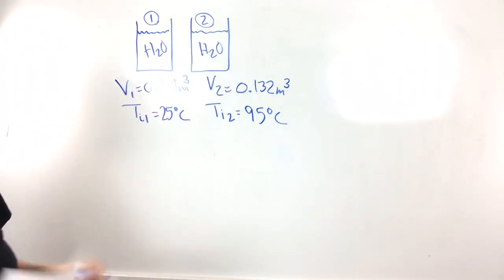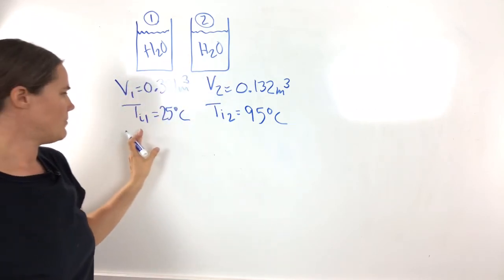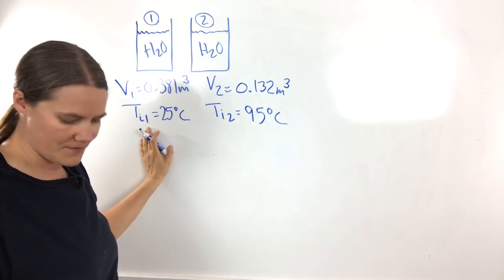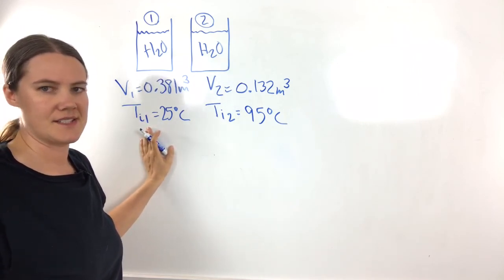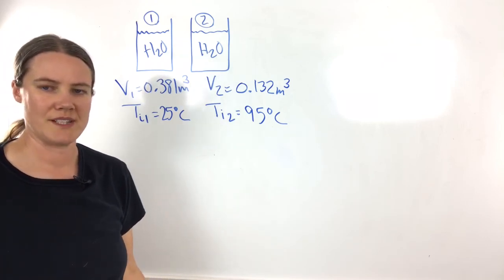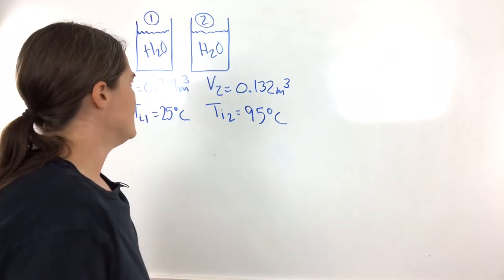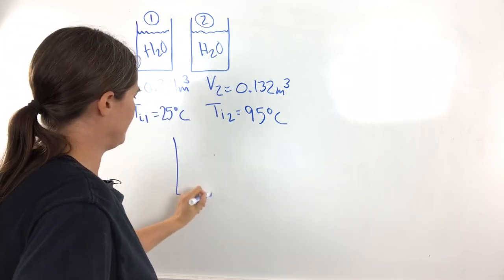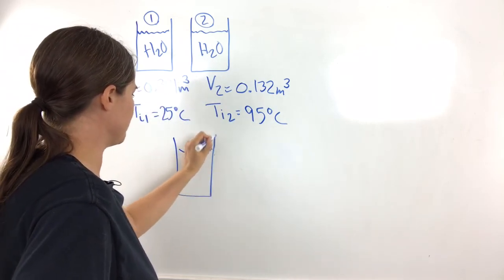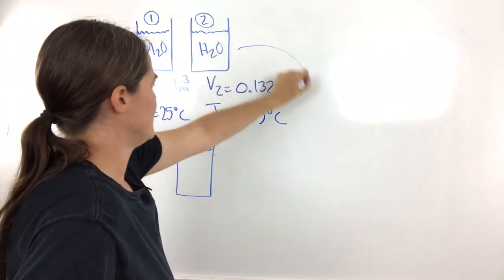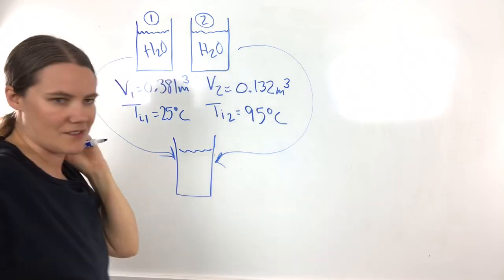So we have 2 cups of water. One of them is 95 degrees Celsius. The other one is 25 degrees Celsius. And we want to figure out what the final temperature is when these are mixed together. Let's draw these being mixed. Here's the cup, and we're dumping that one in, and this one in.